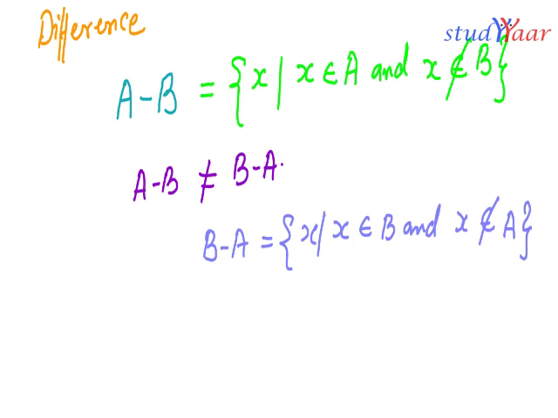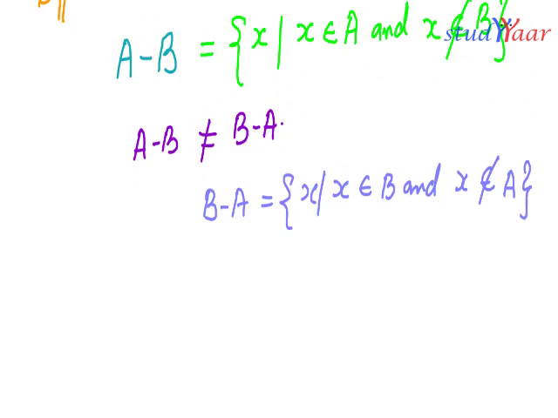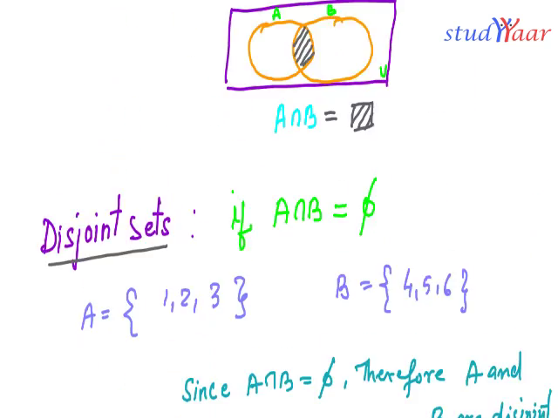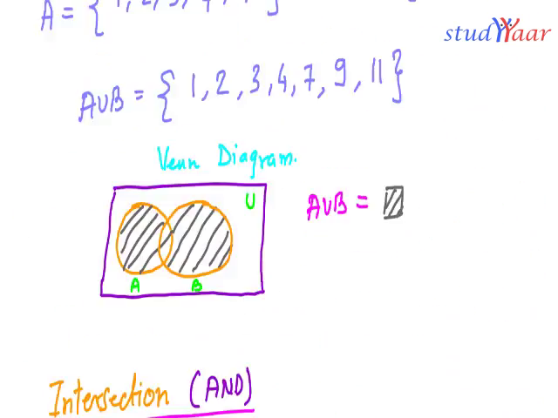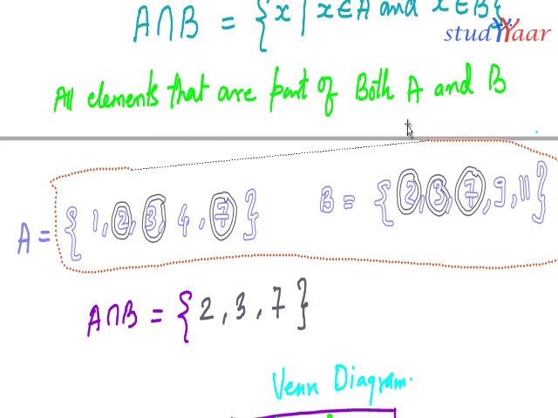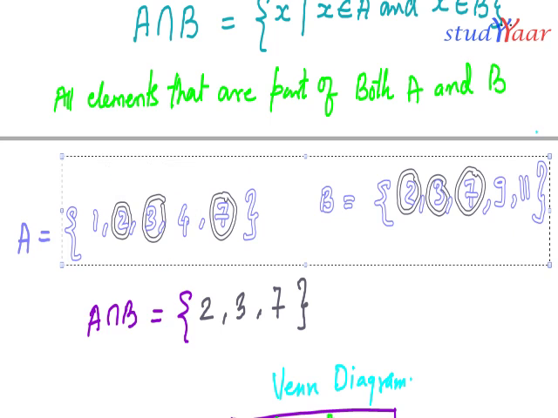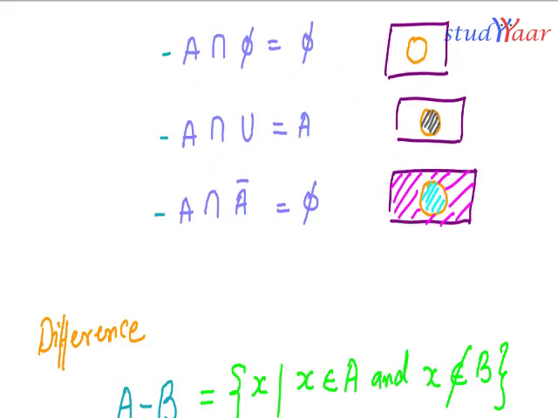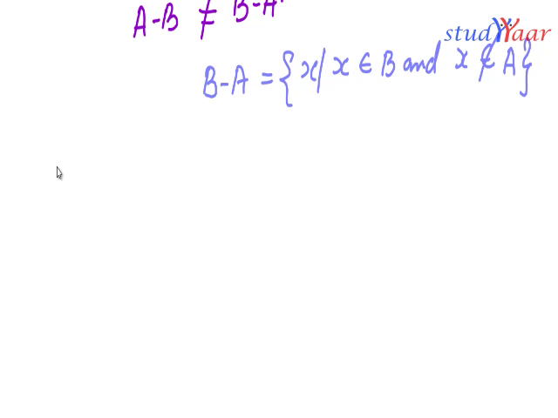Okay, so let us take an example. We are going to take the same example as the previous one. Let us take this. I'm going to paste it down here.